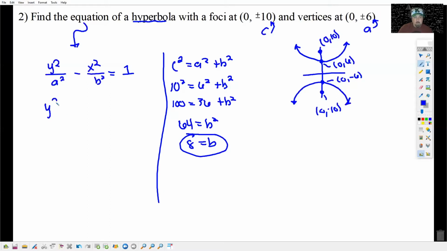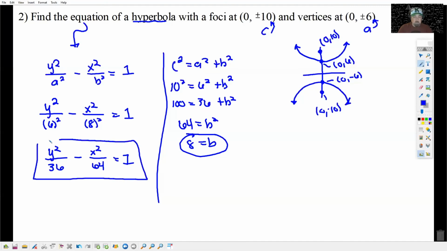So a is the 6 and it needs to be squared, and x squared is going to have the 8 with it, also squared. To actually write that answer, you're going to square those things. So this is going to be 36, and underneath the x squared we're going to have 64, equal to 1. So that's how you solve problems along those lines.